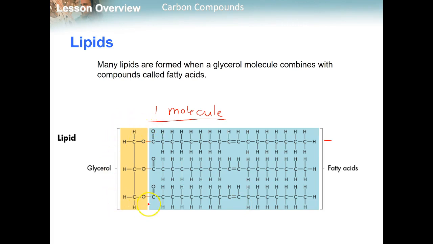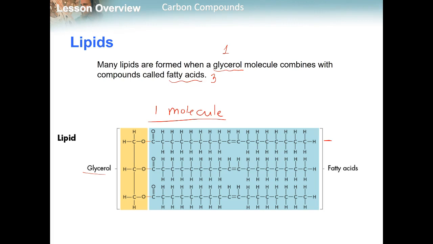In this yellow section right here, we see another backbone of carbon that's forming, and this is glycerol. So a lipid is made up of monomers, and these monomers are glycerol as a molecule and fatty acids. It's typically 1 glycerol to 3 fatty acids, which will make a lipid.